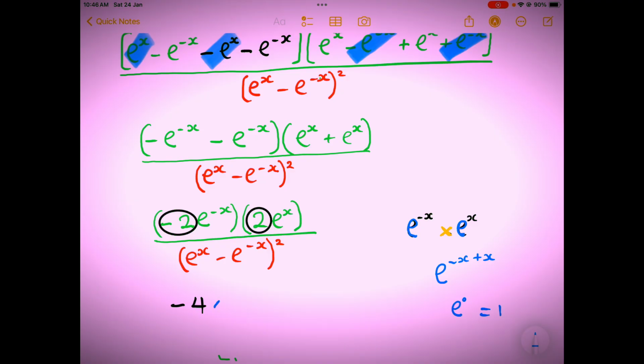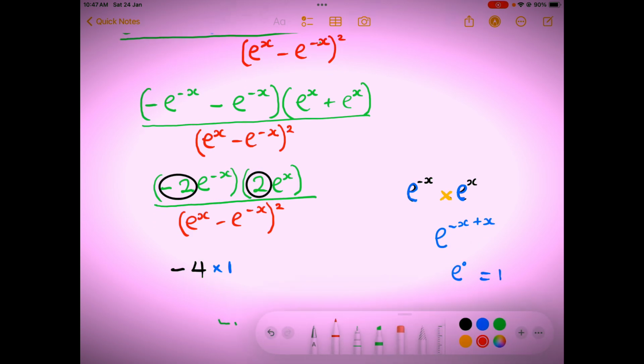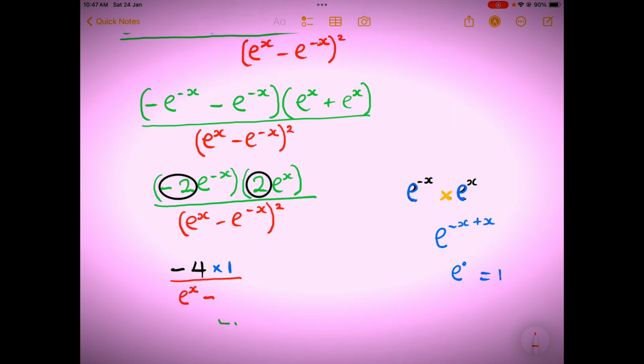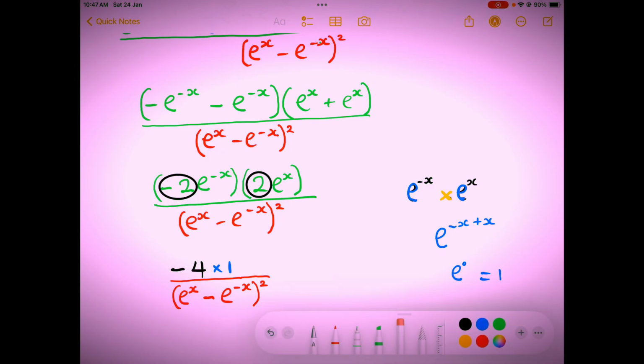So if I multiply this 1 to the 4, then I'm going to get what? Minus 4. So now this is what I have. All this divided by (e^x minus e^(-x)) into bracket, all squared. And like I said earlier, negative 4 multiplying the 1 gives me negative 4.